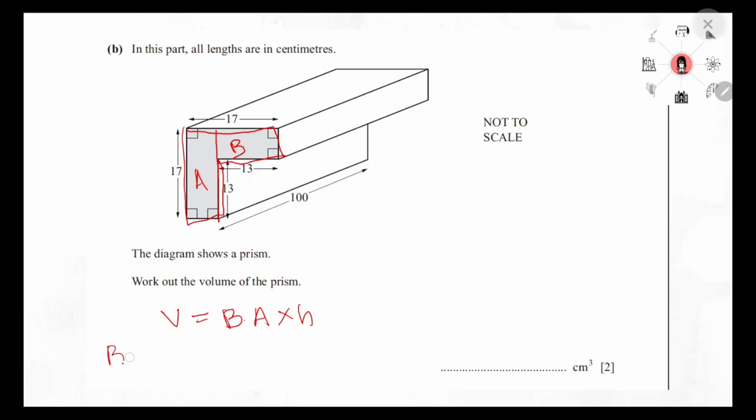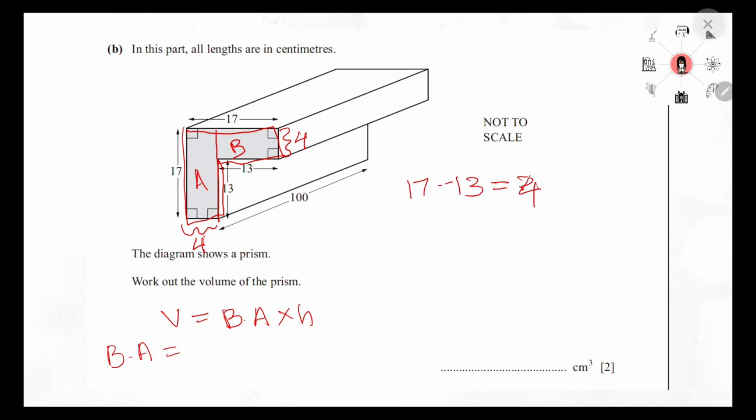So base area equals, first we also need to find the missing lengths over here, which is basically 17 minus 13, giving us 4. So this length and this length is 4.